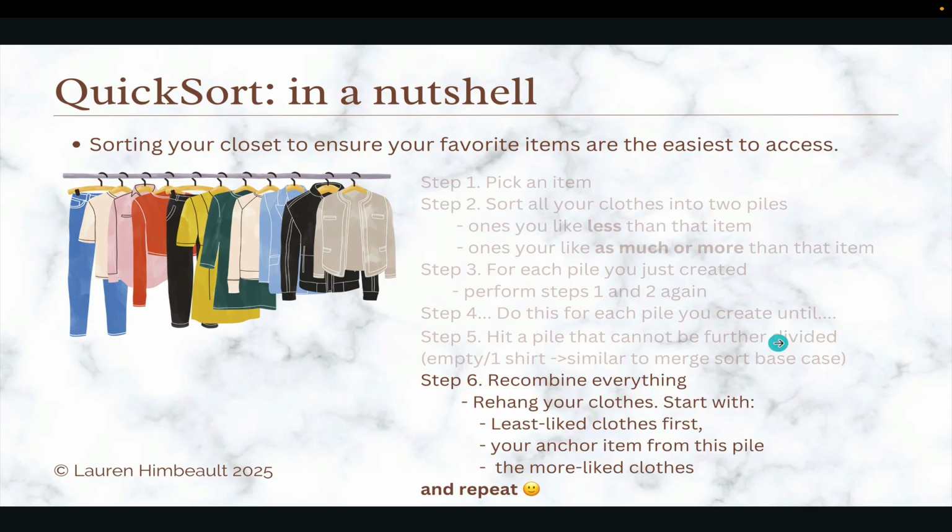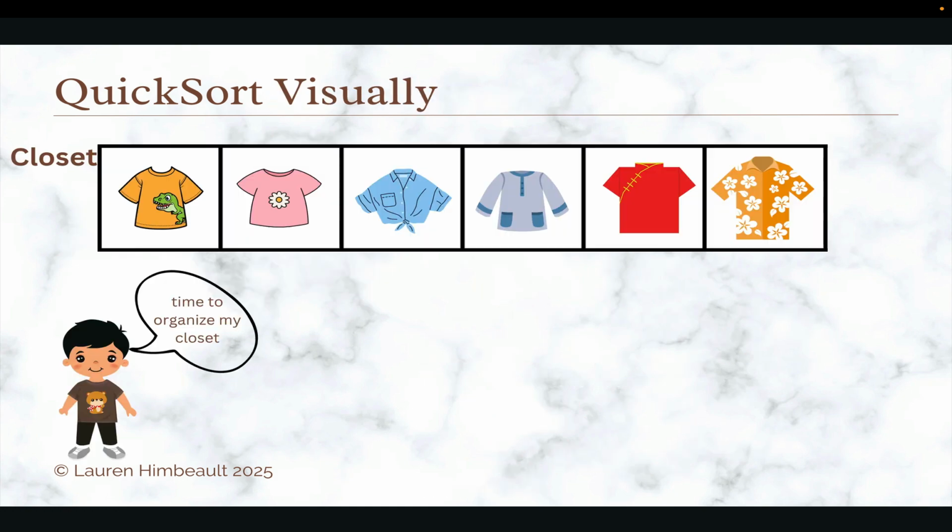Same idea here. Then we can recombine everything. We can rehang our clothes starting with our least liked clothes first so that they're in position 0 through J, then our anchor or our pivot shirt that we used to separate around, and then our more liked clothes, and repeat all the way back up. This is broken into two steps, partitioning and recursion.